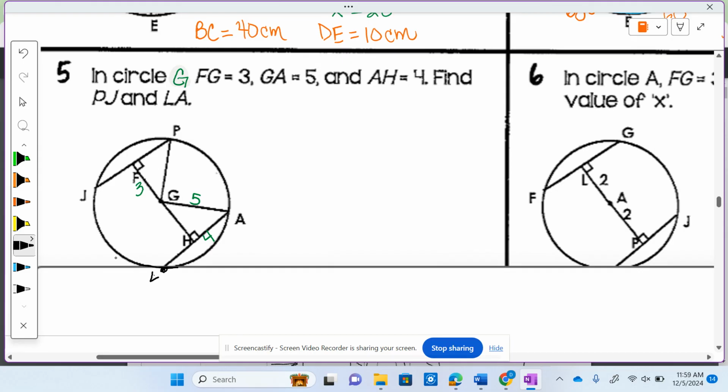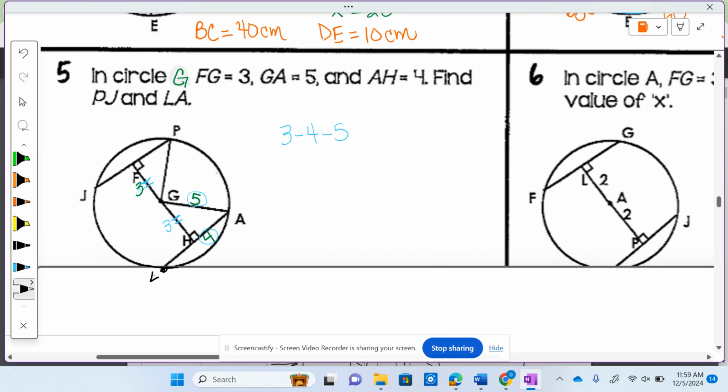So, well, what do we know? If these are perpendicular, then we don't know that they're equidistant yet. What do we know about this? This is a right triangle. This is a 5, 4. What's that special right triangle? A 3, 4, 5. So if the hypotenuse is 5, the two legs have to be 3 and 4. Oh, look, these are the same distance. That means that they're equidistant.